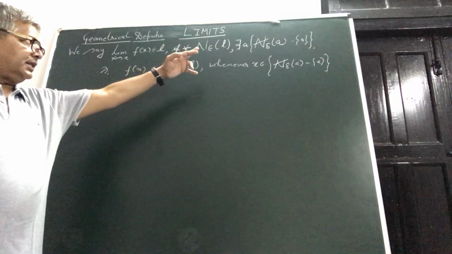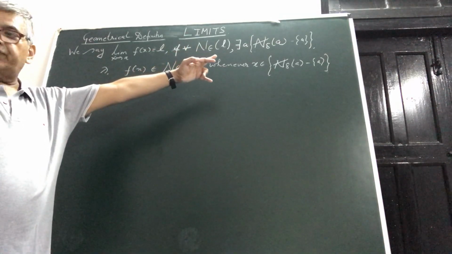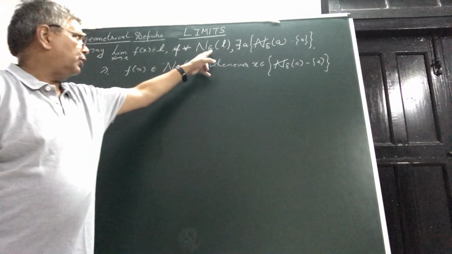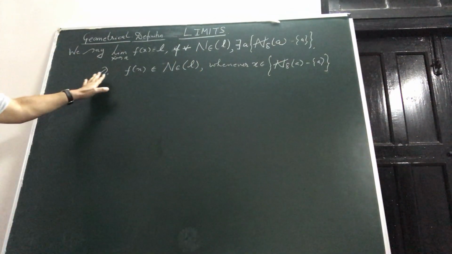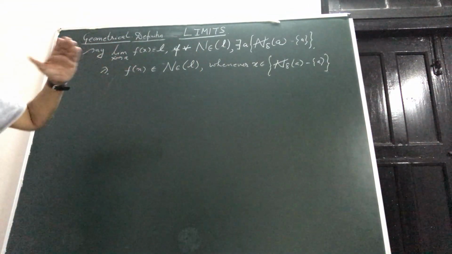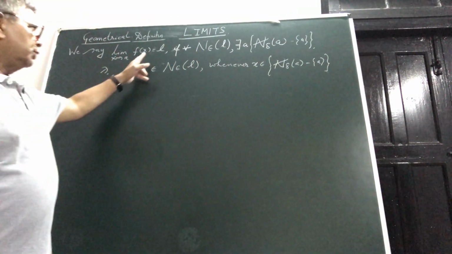So if there exists a deleted delta neighborhood of A for all the epsilon neighborhoods of L, then you say that the limit exists and the limit will be equal to L.